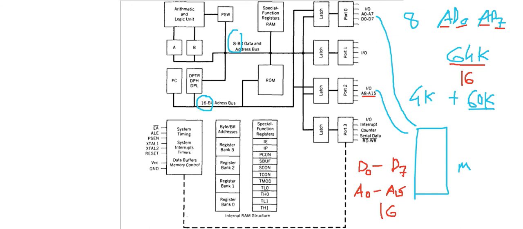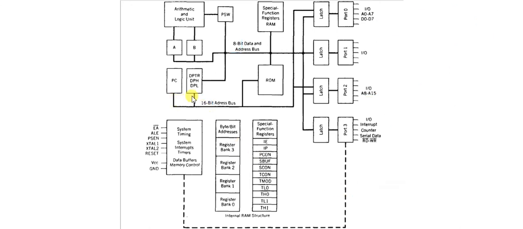Now let us discuss which blocks this 16 bit address bus is connected with. It is connected with the program counter, and from the program counter it is connected with the data pointer. It goes ahead and is obviously connected with the internal memory, but how can we connect this address bus with the external memory?